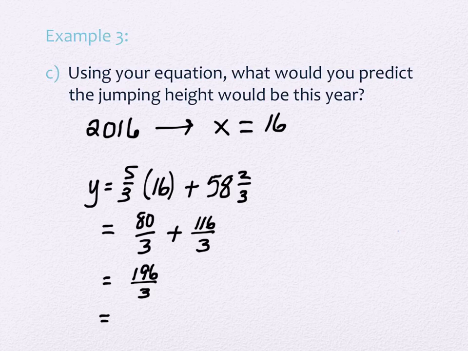Better be more than 58. It's already started there. 196 divided by 3. What is the whole number part? 65. 65? And it was 0.3 repeating? 3 repeating is what fraction? 1/3. Thank you. So this is 65 and 1/3. What? Centimeters.